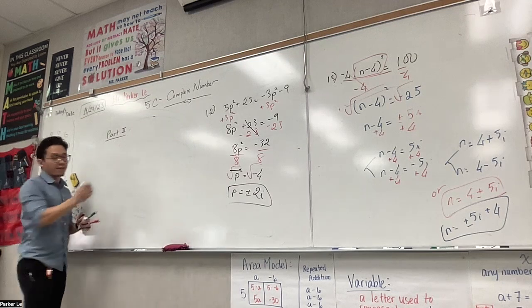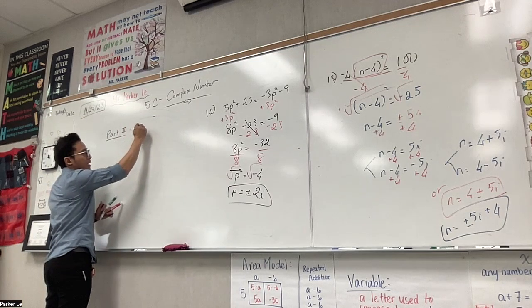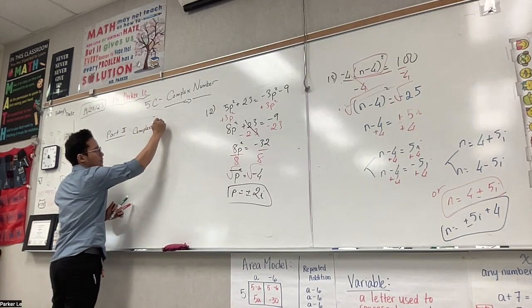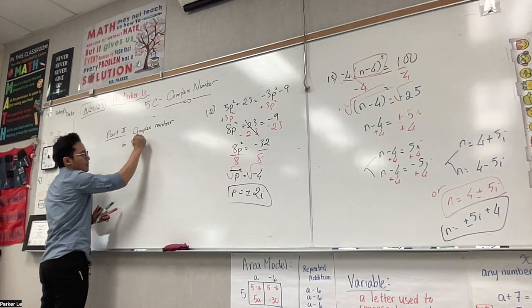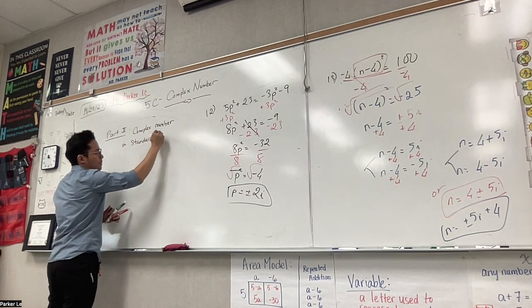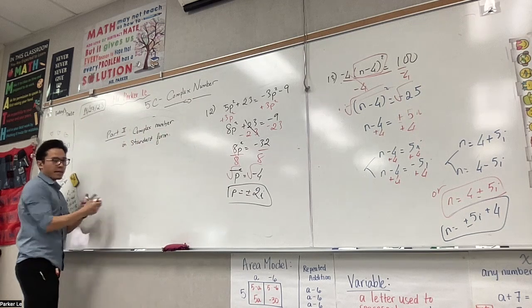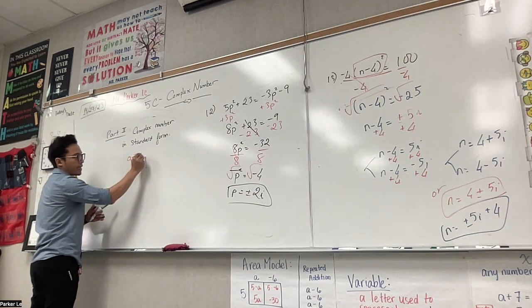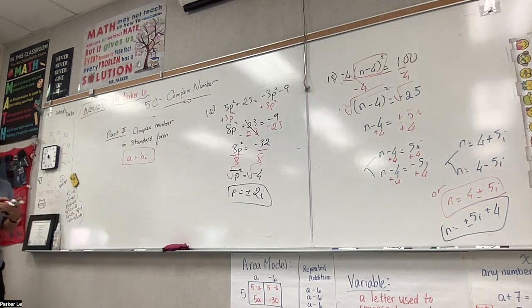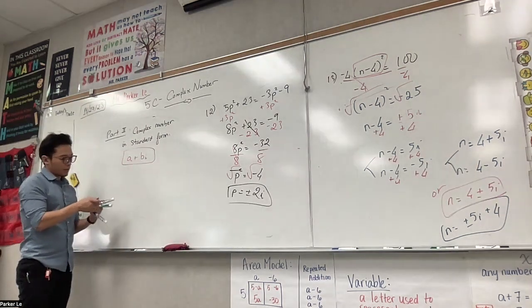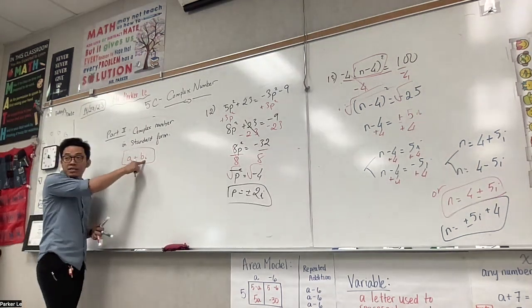Okay, standard form. So a complex number in standard form is going to look like a plus bi. Okay. So bi, i is imaginary.